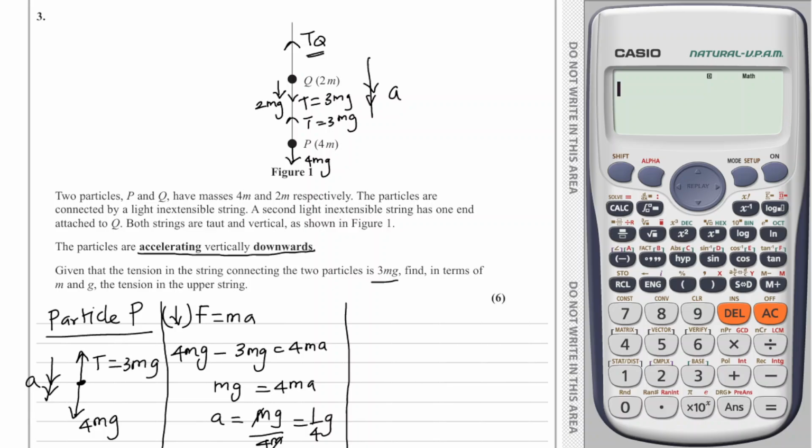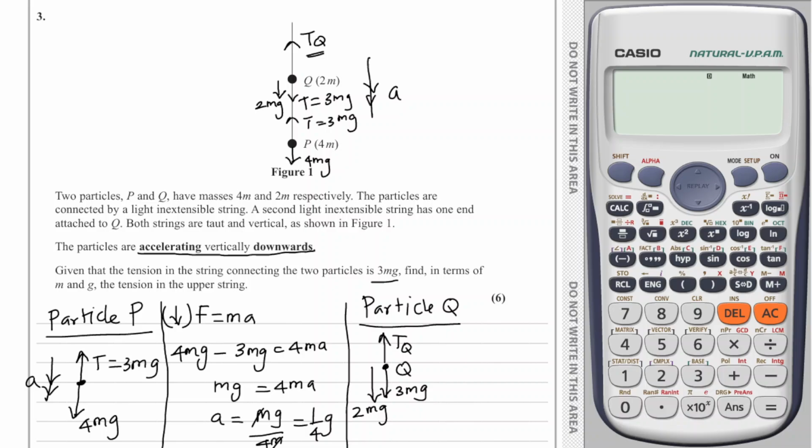Second, we take particle Q to identify the tension in the upper string. Particle Q has a tension downward, that is 3mg, and a weight force downward, that is 2mg, and a tension upwards, which we mark as TQ.